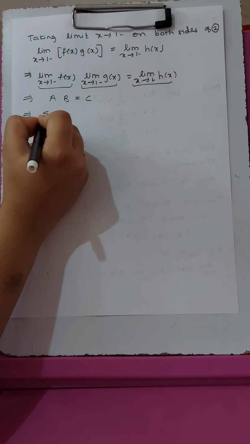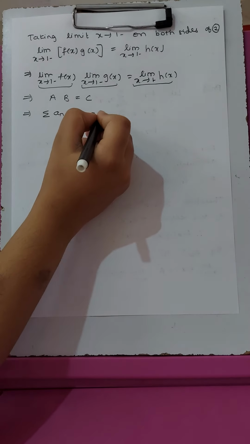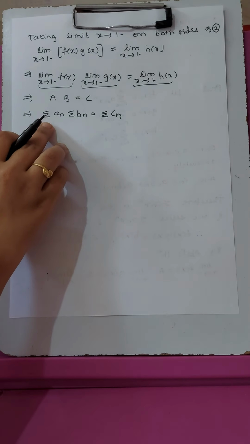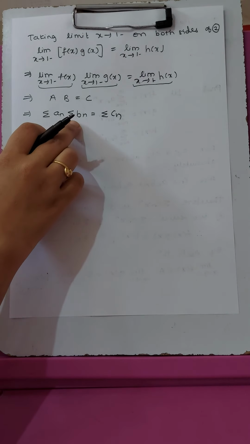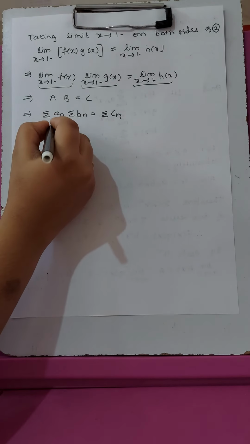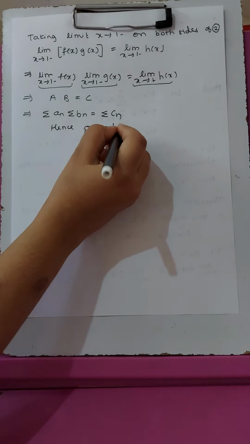That is, summation an times summation bn is equal to summation cn, since a is the sum of this series, b is the sum of series summation bn, and c is the sum of this series. Hence the theorem is proved.